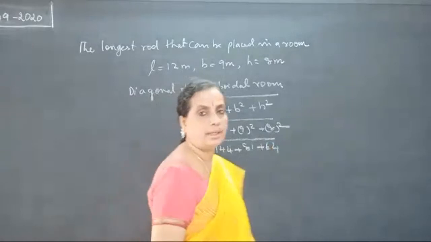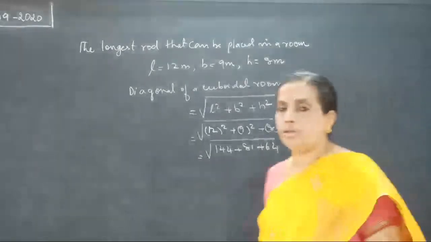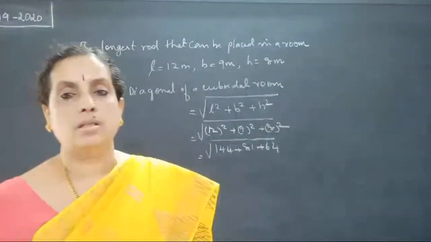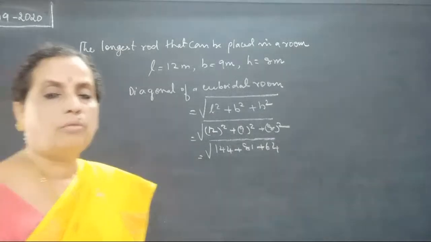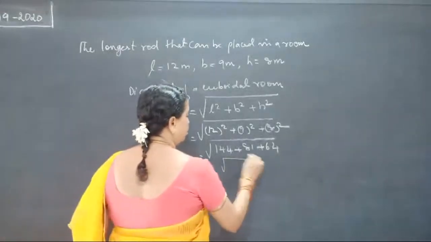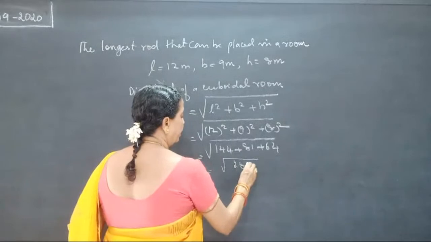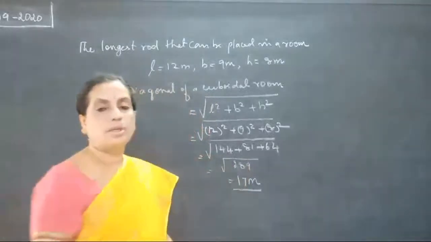Come on, calculate, add, and find the root. What is the total sum you will get? Sum of 144 plus 81 plus 64. You will get 289, so the answer is 17 meters.